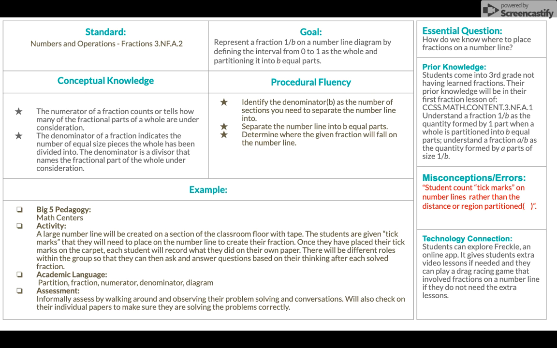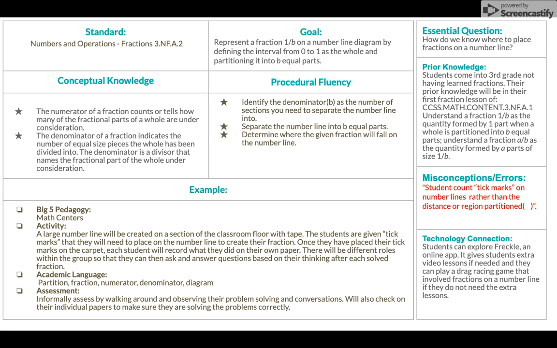So the essential question we need to focus on is, how do we know where to place them on the number line? For conceptual knowledge, they need to understand how many pieces of a fraction are shown on that diagram. So let's say we have a fraction of 1/4, and it starts at 0 and then goes to 1.